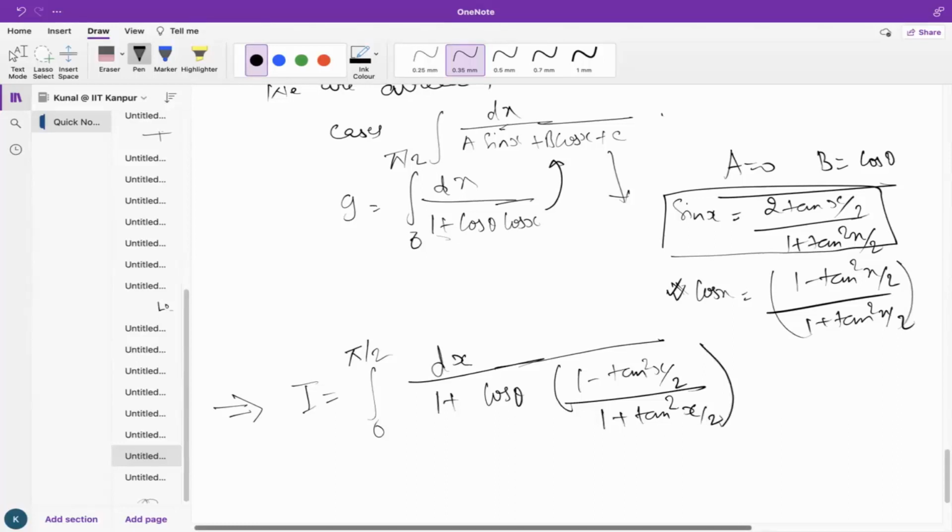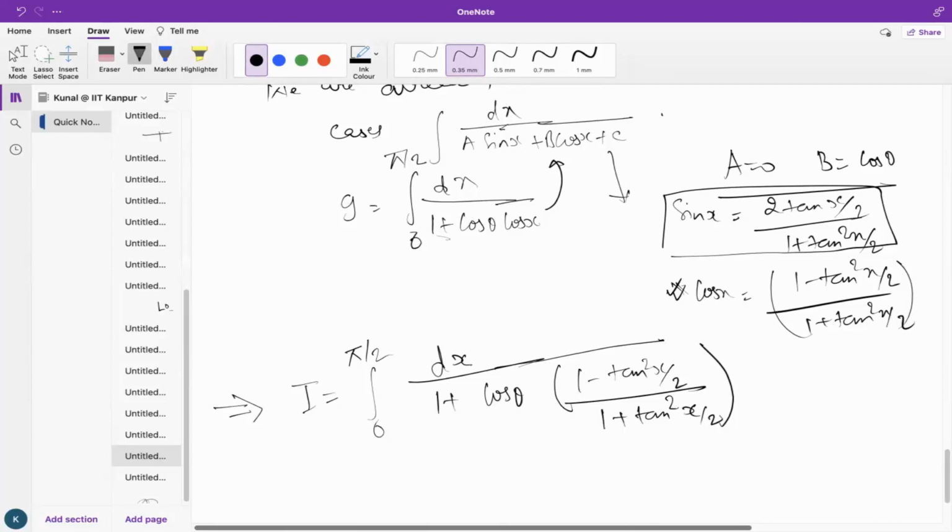I just try to make a bond between indefinite and definite. There is not much difference between indefinite and definite. Both are integration. In the definite part, just limit comes. We have to just insert the limit. I hope you'll all understand this, what I'm trying to say. I am using the concept which we already read in the indefinite part.